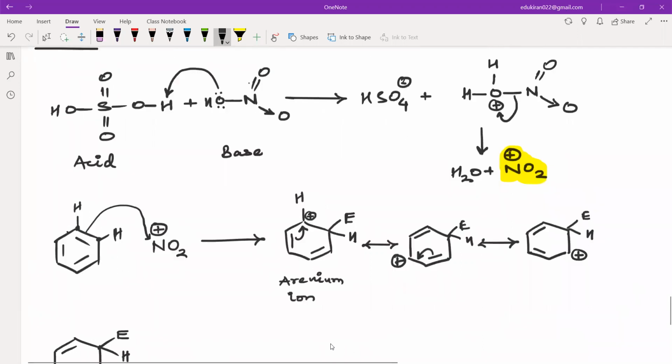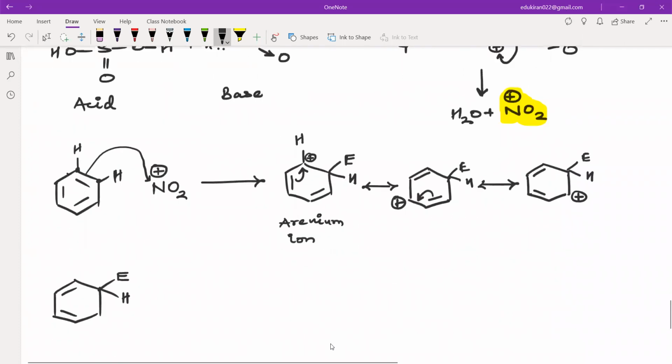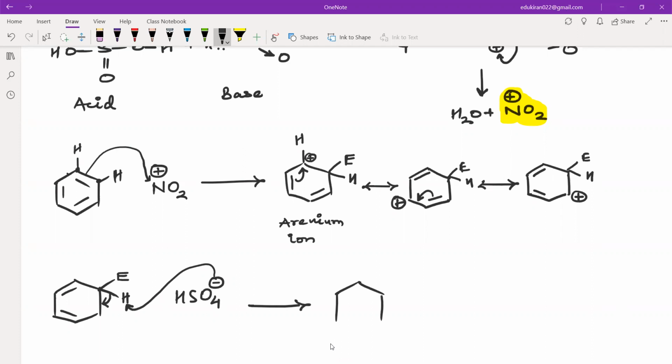Now we have the HSO4 negative. Now this HSO4 negative will attack this hydrogen because it is negatively charged. It will abstract the H plus ion and the electrons of this bond will shift to this bond here, and you will be getting, achha, this E which we wrote, that is NO2, okay.